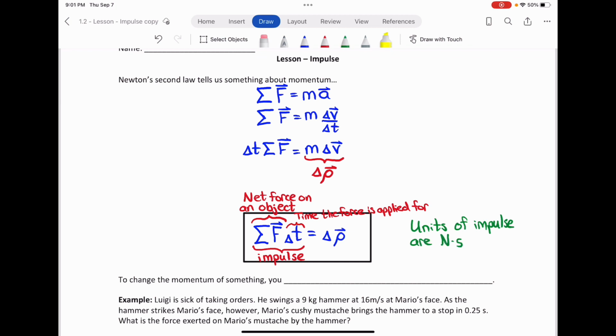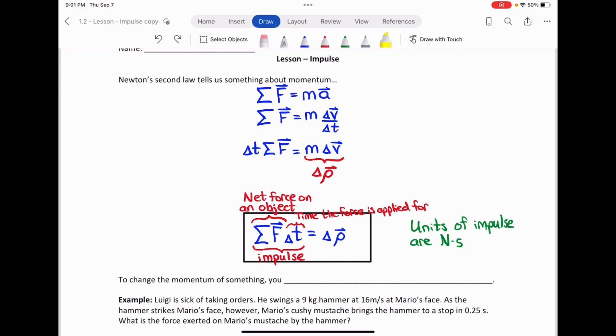Now, remember that a newton second, the unit of impulse, is actually mathematically equivalent to a kilogram meter per second, which is the unit for momentum that we talked about. So it doesn't really matter whether you use units of newton seconds or kilogram meters per second, because they're exactly the same thing.